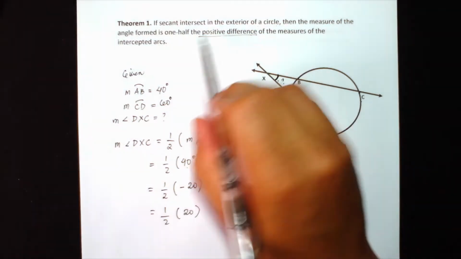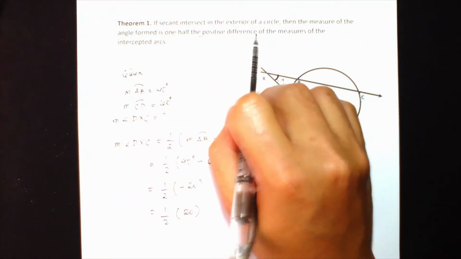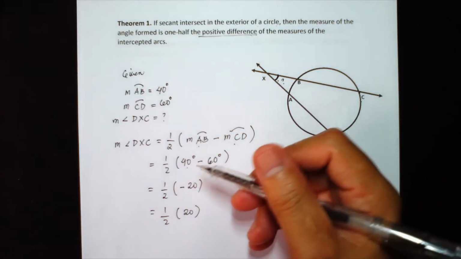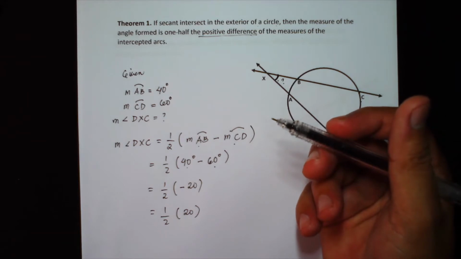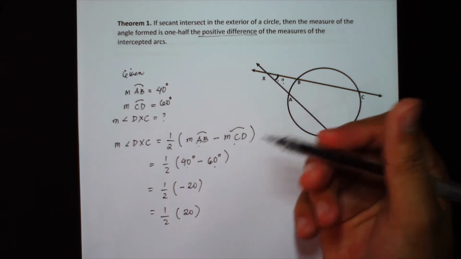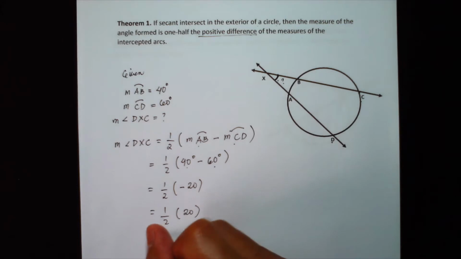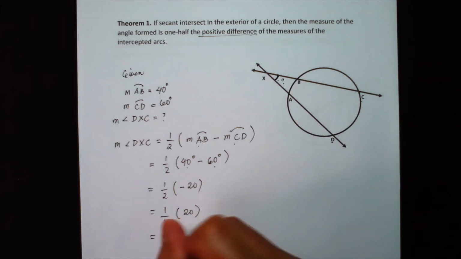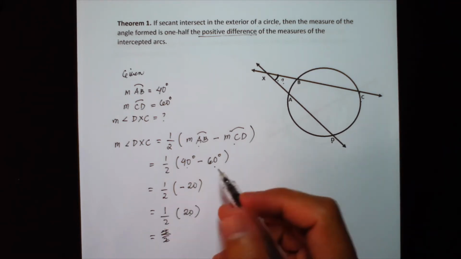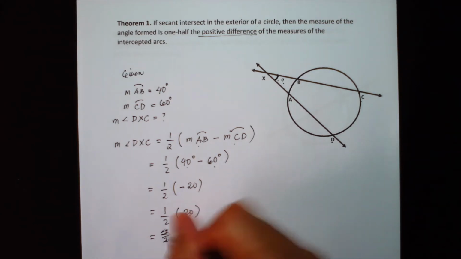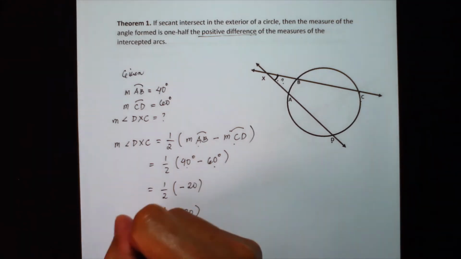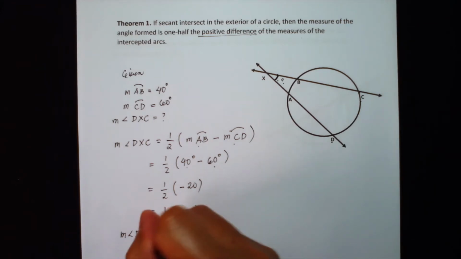Remember, it states the positive difference, so if it's negative, it will be turned to positive. It is a measurement, and there's no such thing as a negative measurement. So 20 multiplied by 1 is 20, divided by 2, the answer will be 10. That is now the measurement of angle DXC.